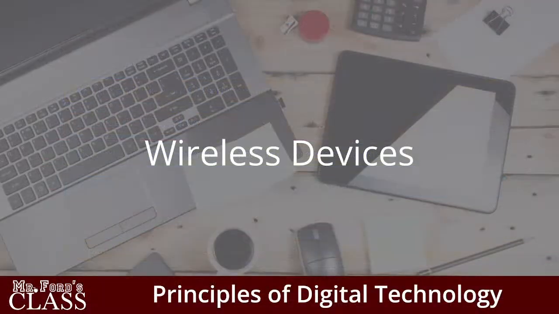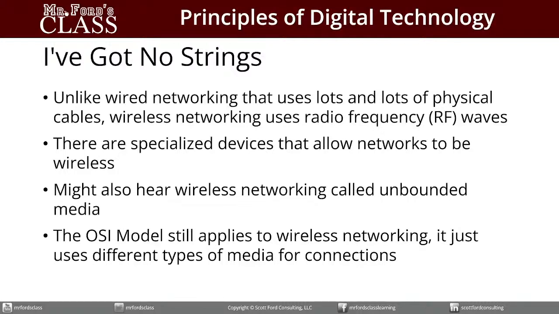So let's first jump into wireless devices. Now, they're considered wireless devices because unlike wired devices, we don't use cables to connect our devices together. Through wireless, we use radio frequency, RF waves. There are specialized devices that allow networks to be wireless.